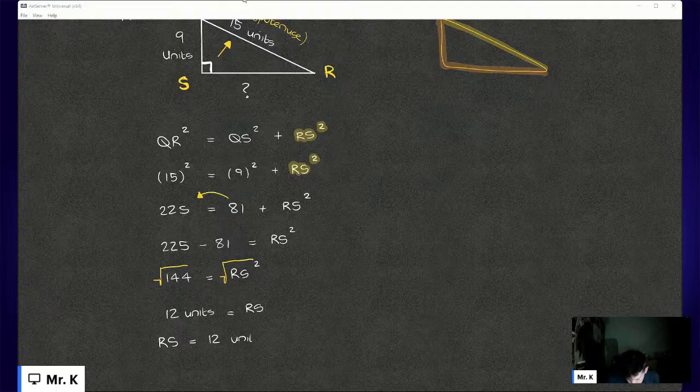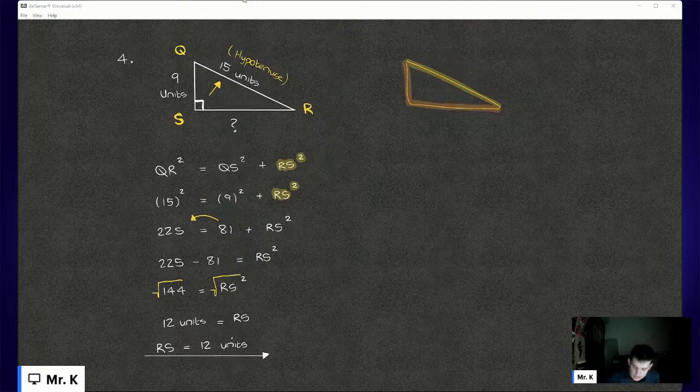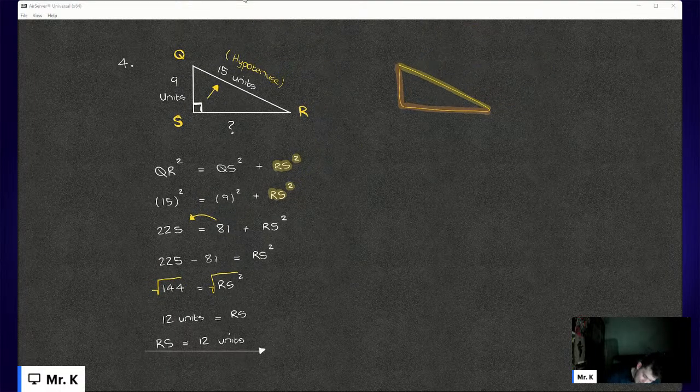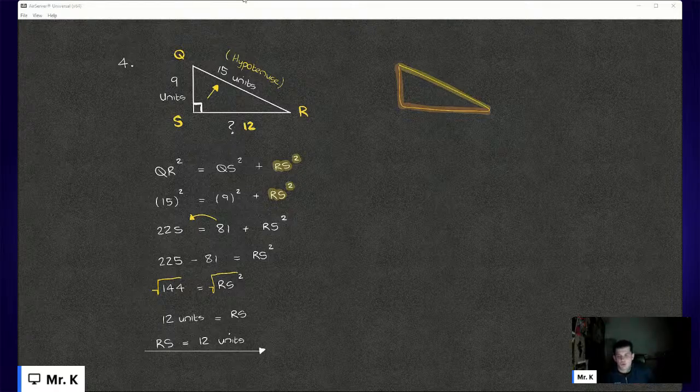RS is equal to 12 units. Now, thinking about the value that we've just gotten, 12, does this make sense in the context of our triangle? Yes, it does, because it's similar to the other lengths that we have, but it's still shorter than the hypotenuse.